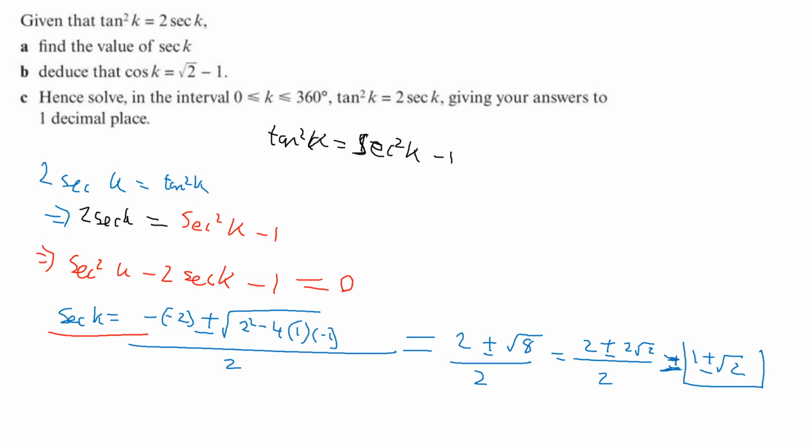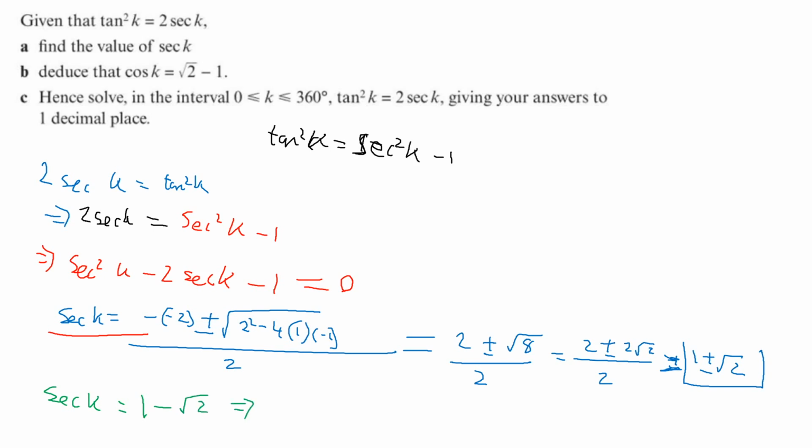Now, how are we going to deduce that cos k is equal to root 2 over 1? Okay, so what we're going to do is, if that's the case, then sec k, let that equal to 1 minus root 2, okay?